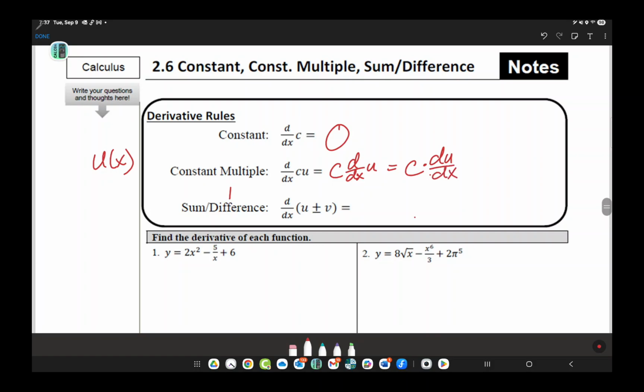All right. An example of that would be if I had y is equal to 3x squared. When we bring down that exponent, we're going to multiply it. So that's going to become y prime is equal to 6x. So if we have a constant outside, we just bring it out, do the derivative, and then multiply it back in.